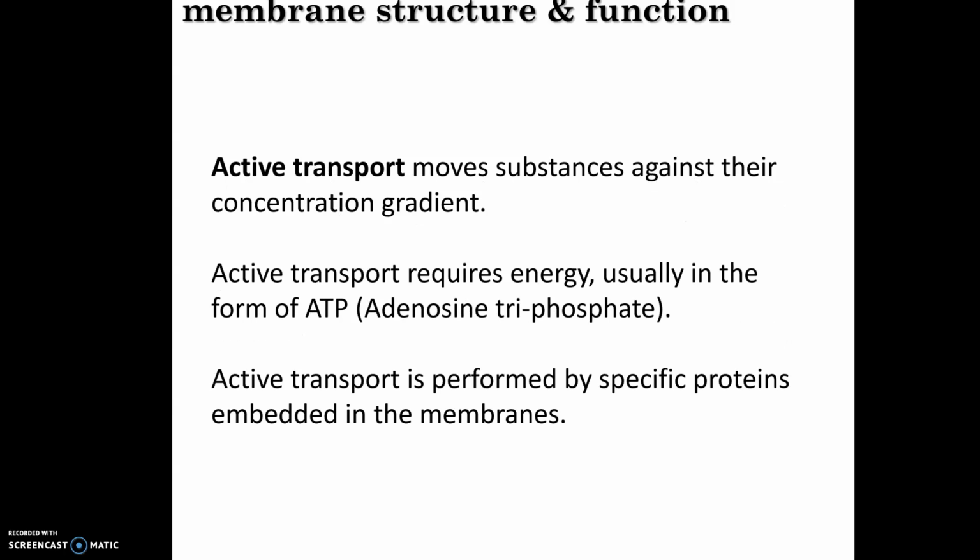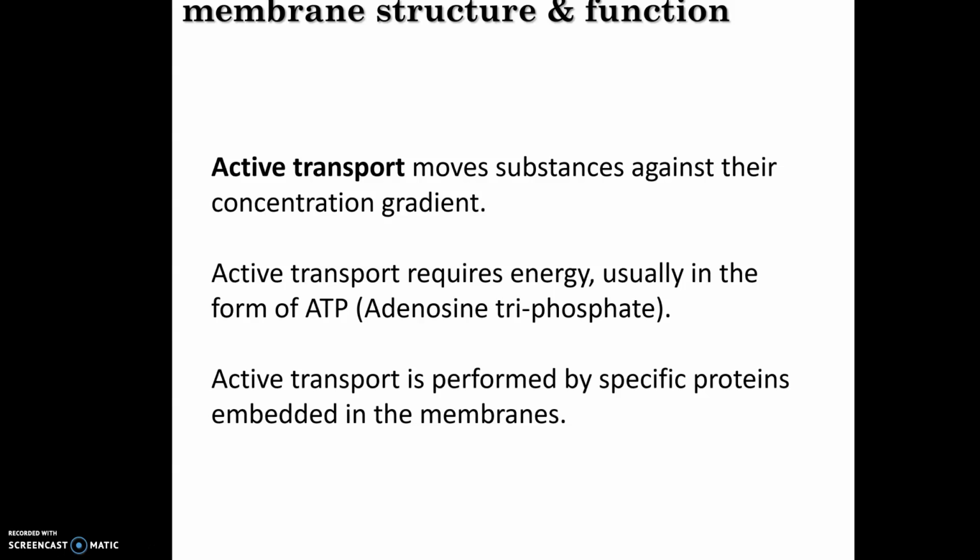These move substances across against their concentration gradient, from low concentration to high concentration, just like passive is moving from high concentration to low concentration. But in order to do that, active transport needs a little bit of energy, and that's usually in the form of ATP, adenosine triphosphate, which is the power of a cell.